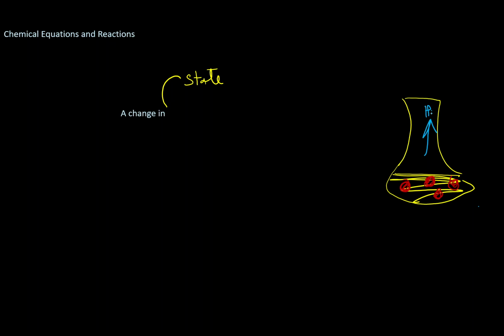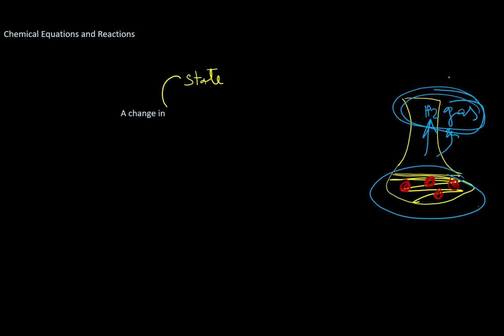This here was not there when we kept the zinc. This came out as a new substance, a gas. It's a different state than what we put. We had liquid and solid, and gas came out. So that could be a change in state.